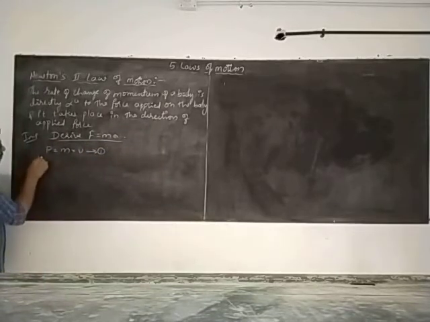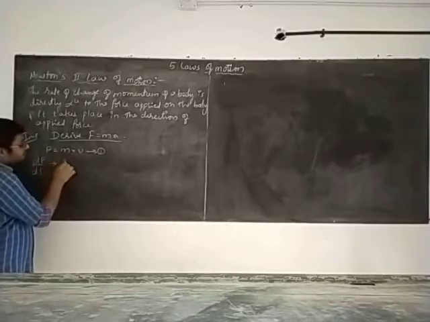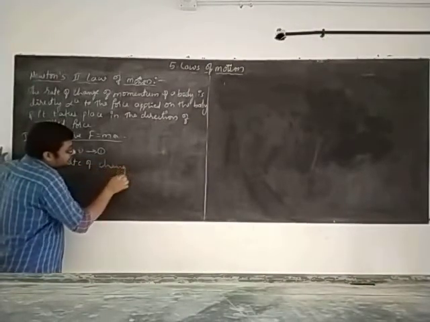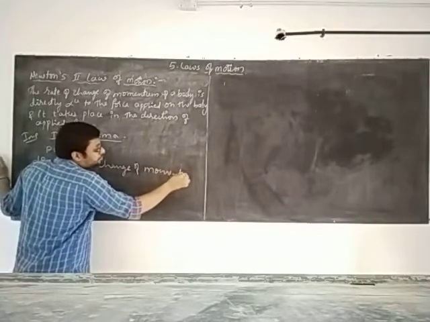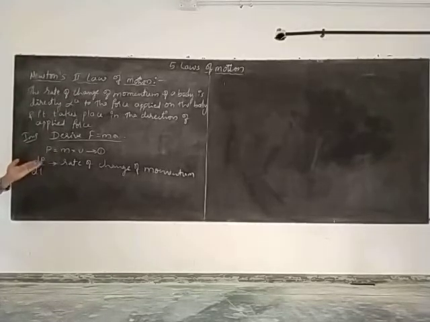Now dP by dt is what? That is the rate of change of momentum. Is it clear? dP by dt means the variation of momentum with respect to time. That is the rate of change of momentum.